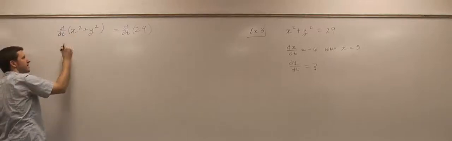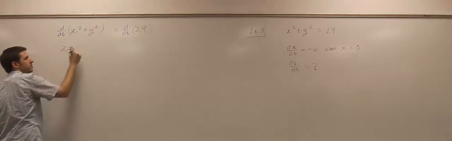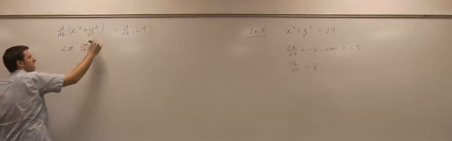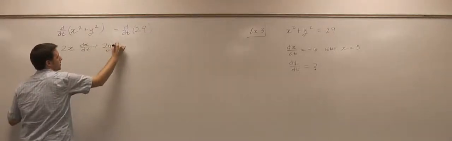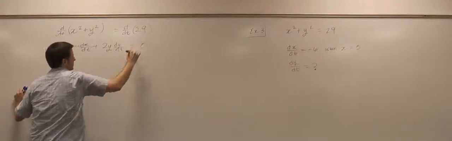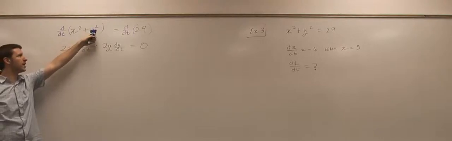Derivative of x squared is 2x times dx/dt, check. Derivative of y squared, derivative of a constant. So in this case, because the y was squared, you're absolutely right.